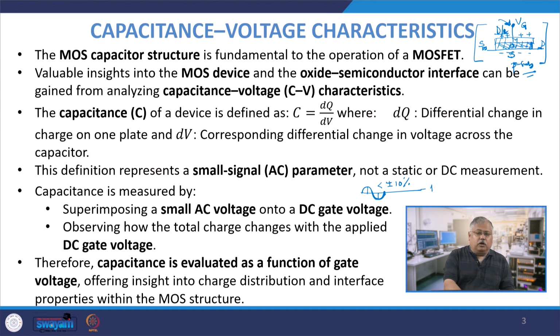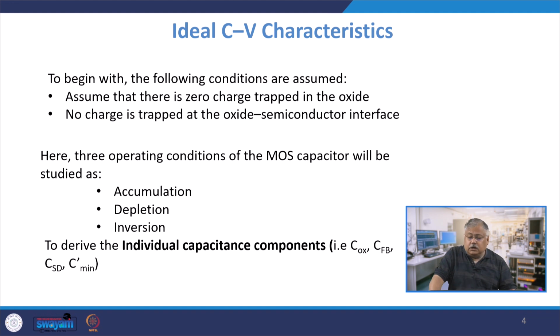We will keep it low frequency and small signal, and vary the DC bias from a 0 value to a high value.